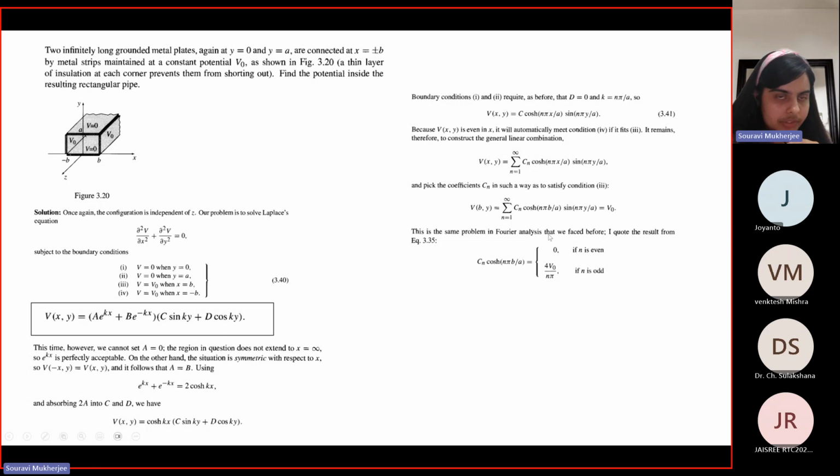Right? So this is similar to what we discussed in the first problem. And here again, we'll use the orthogonality condition, the Fourier trick, in order to find the coefficient, right? And this is how the coefficient turns out. So if you now find the expression for the coefficient, just replace it here, and this will give you the solution for this case, right?